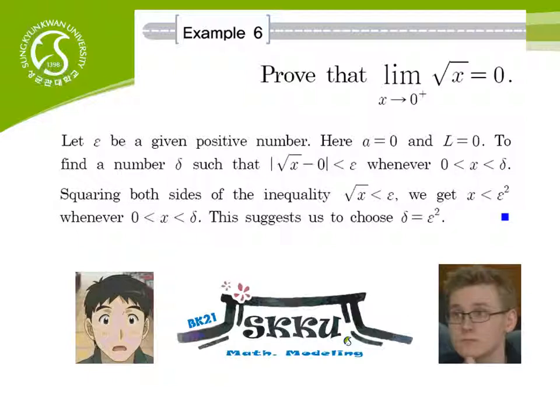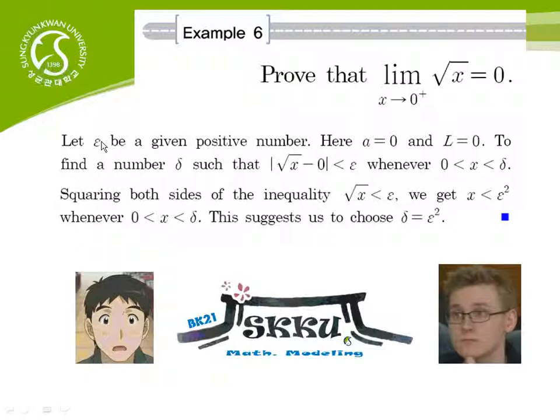But all we have to do is just square it. Then we have this condition: x is less than epsilon squared. So all we have to do is choose delta as epsilon squared. Then it's all done.